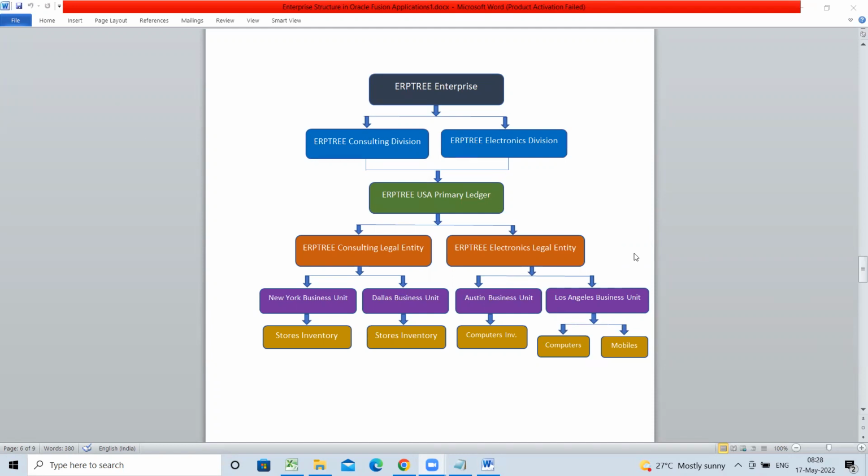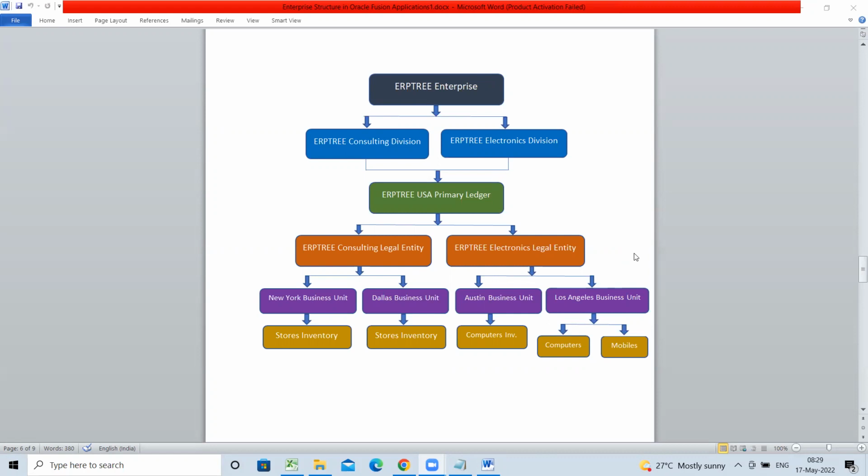When I run the reports, I'll get the balancing segment level, New York business unit and Dallas. Because the division is ERP consulting, what additional information can I expect from the division level mapping?